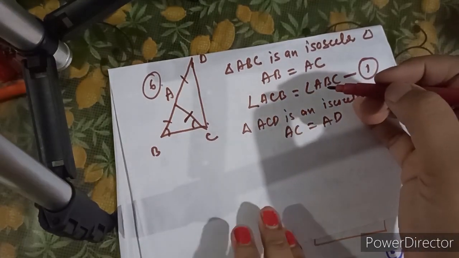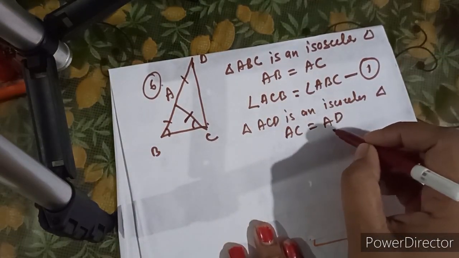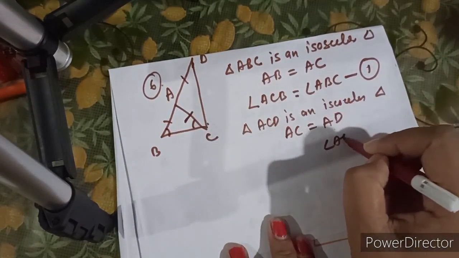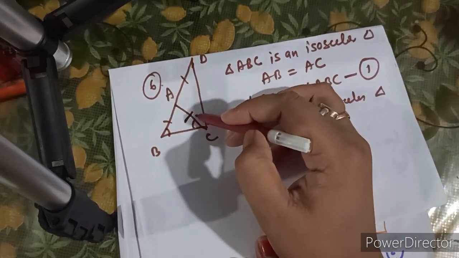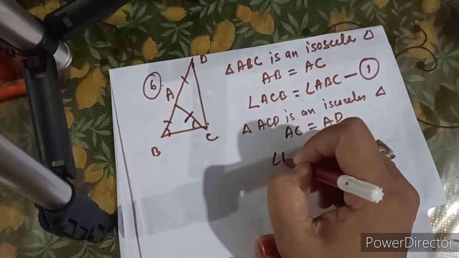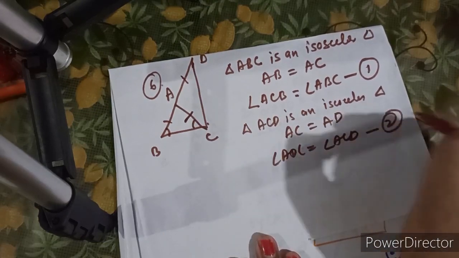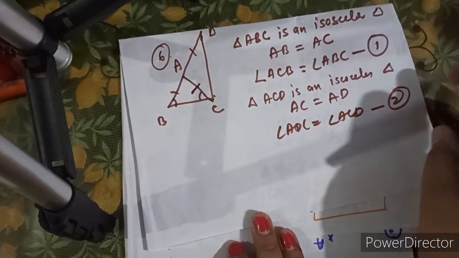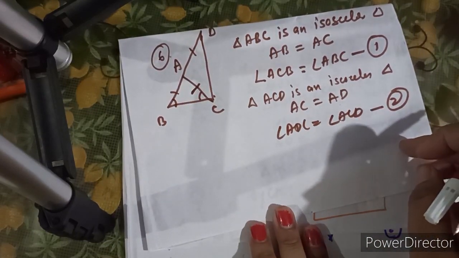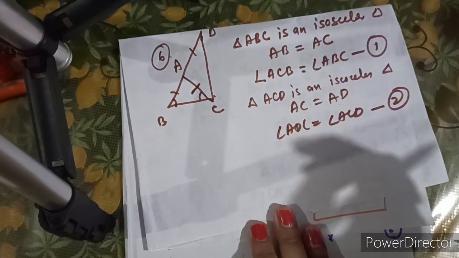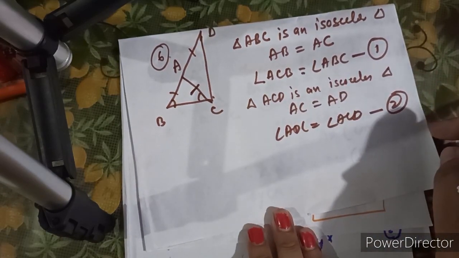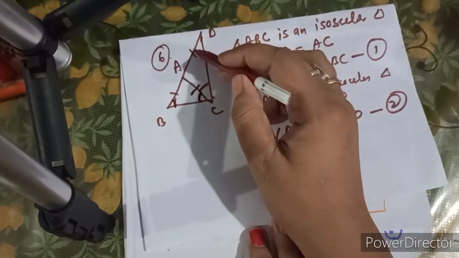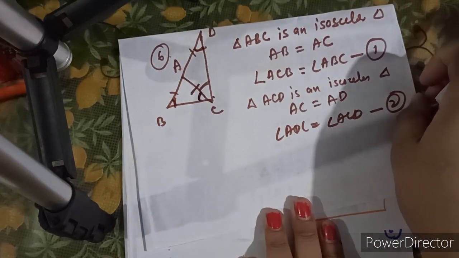Okay, next let us write. AD, if you see, AD's opposite angle is what? ACD, isn't it? And AC's opposite angle is ADC. Okay, equation 1 and equation 2. Now if you see from equation 1 and equation 2, here ABC and this angle are equal, and this angle and this angle are equal.